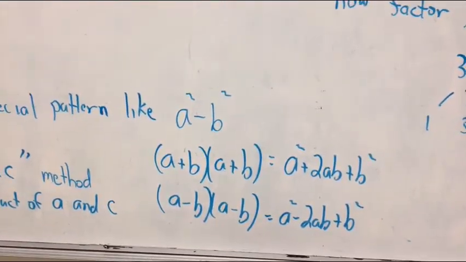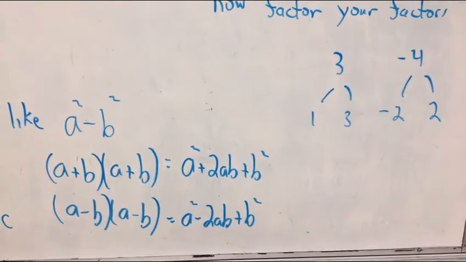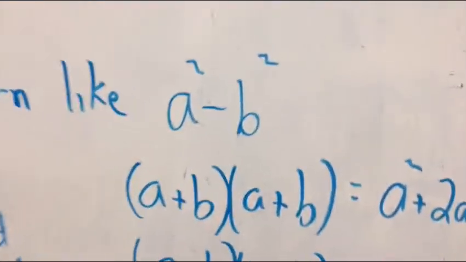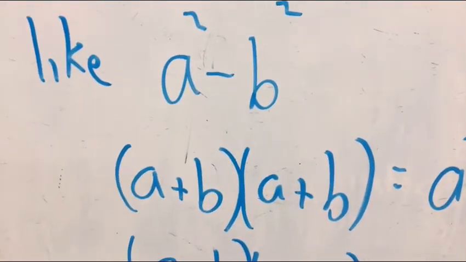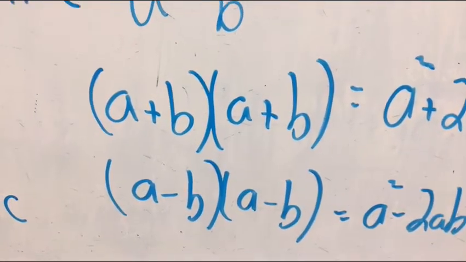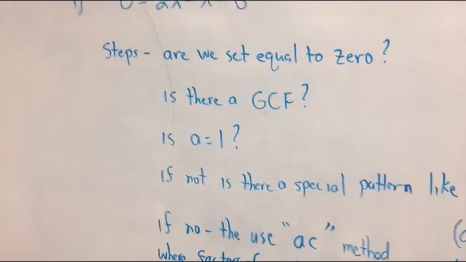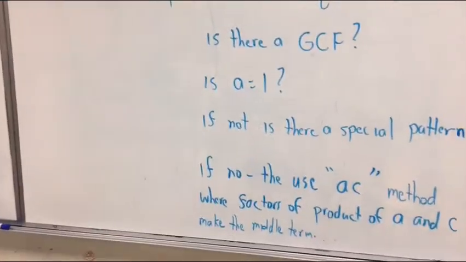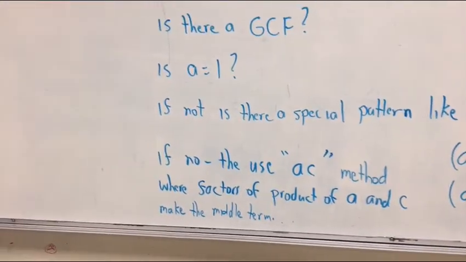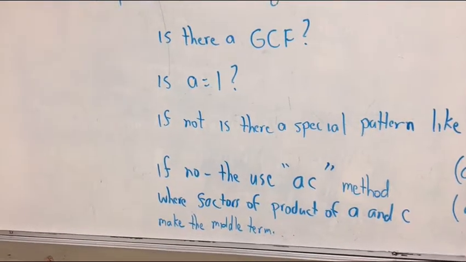Or a minus b times a minus b, or a squared minus 2ab plus b squared. Remember, this can be written as a plus b quantity squared. Same with that one, except it would be minus. Well, unfortunately, we don't have any of that. So we have to use the AC method, where factors of the product of a and c make the middle term.